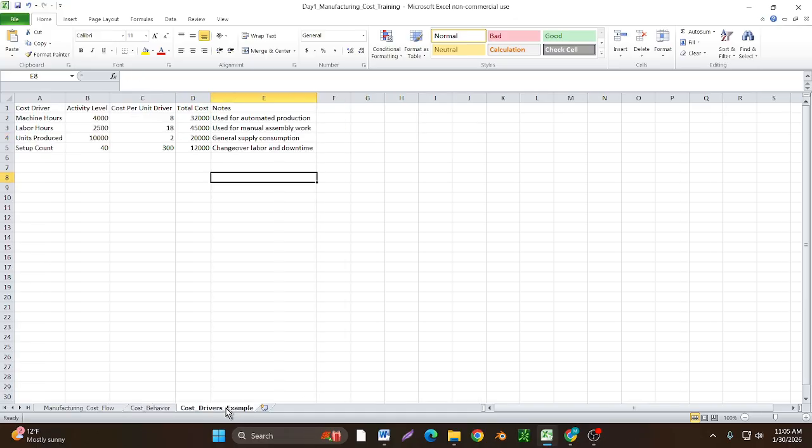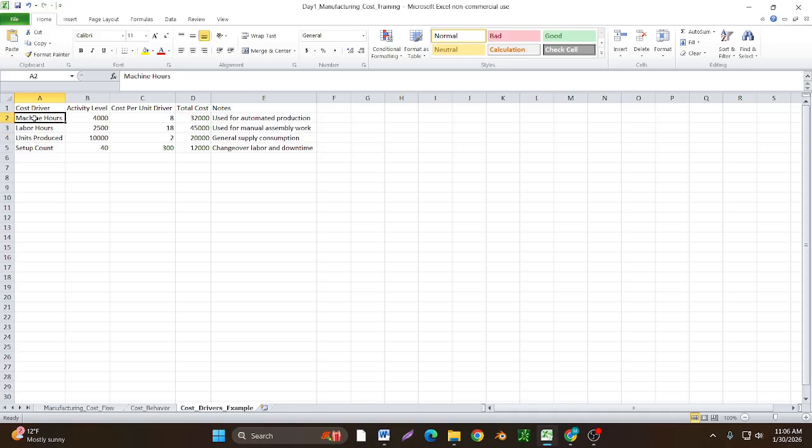Finally, let's talk about cost drivers. Cost drivers are the activities that actually cause costs to occur. Understanding these is critical to predicting and controlling costs. Common cost drivers include machine hours, labor hours, units produced, and setup counts.